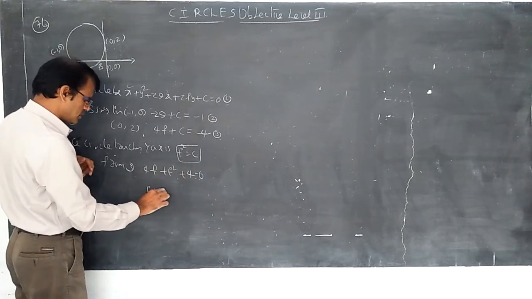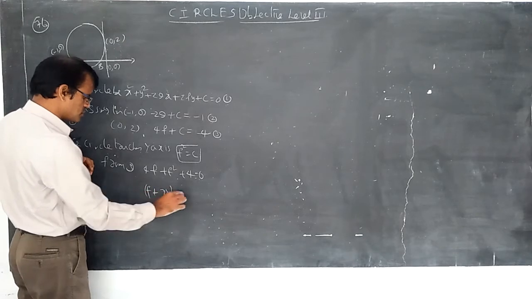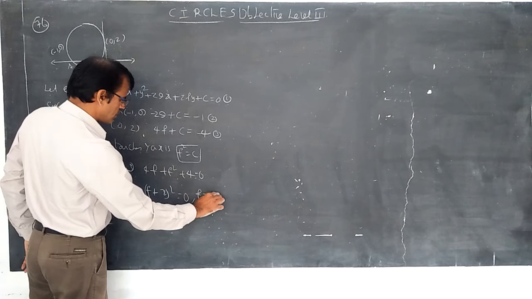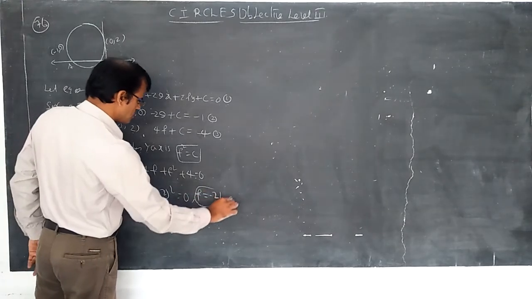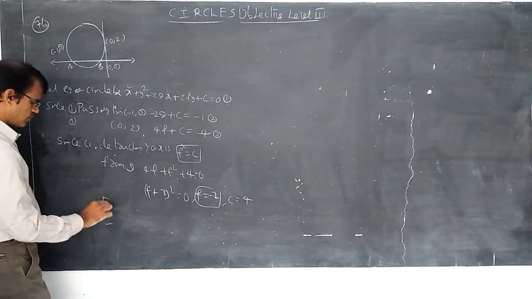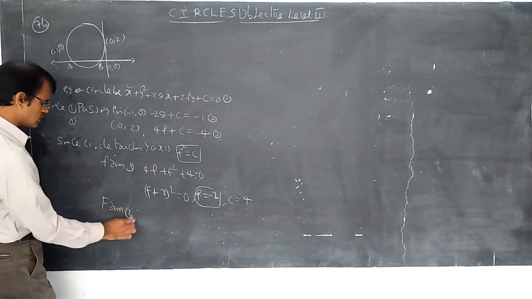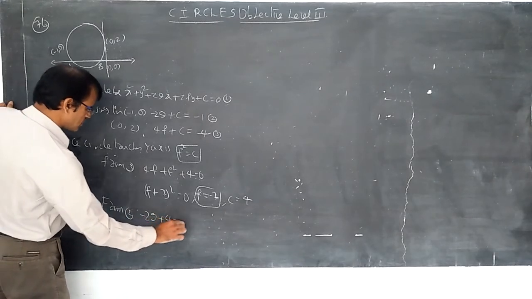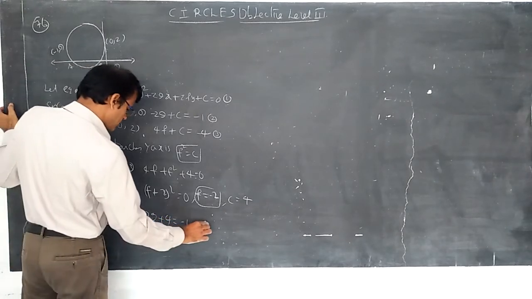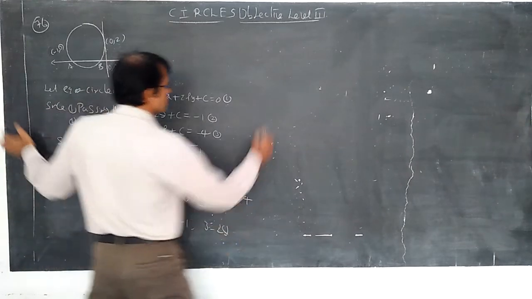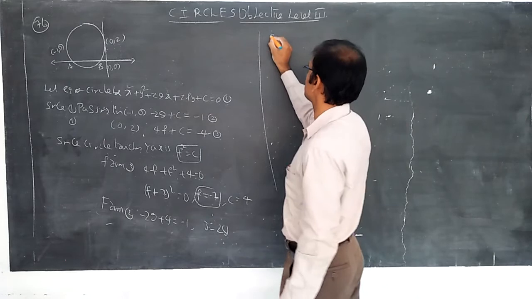You can write this as (f plus 2) whole square equal to 0. Using this, you will get f is equal to minus 2 and c is equal to 4. Substitute in 2: minus 2g plus 4 is equal to minus 1. So 3 is equal to 2g, so g is equal to minus 3 by 2.